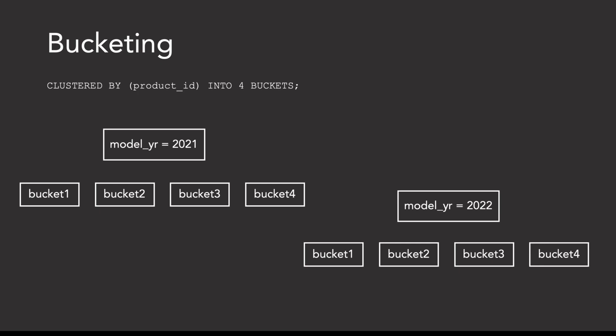Which record would go to which bucket would depend on the hash of product ID modulo 4. The value of product ID would be passed to the hash function. Whatever value comes out, it will be divided by 4, and whatever is the remainder, that will be the bucket number.